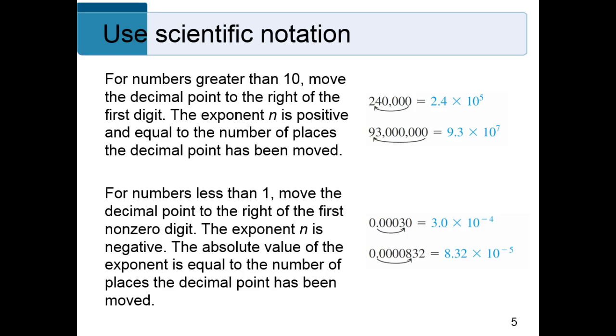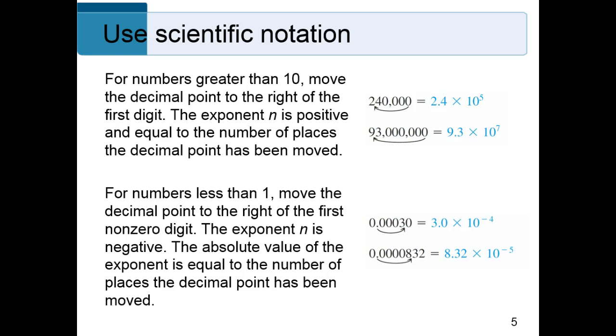Okay. For numbers less than 1, remember you have to have that first number, the a, between 1 and 10. If it's greater than 10, you move it to the left. Less than 1, you move the decimal to the right, to the right of the first non-zero digit. See, all these are zeros here. They're just placeholders.